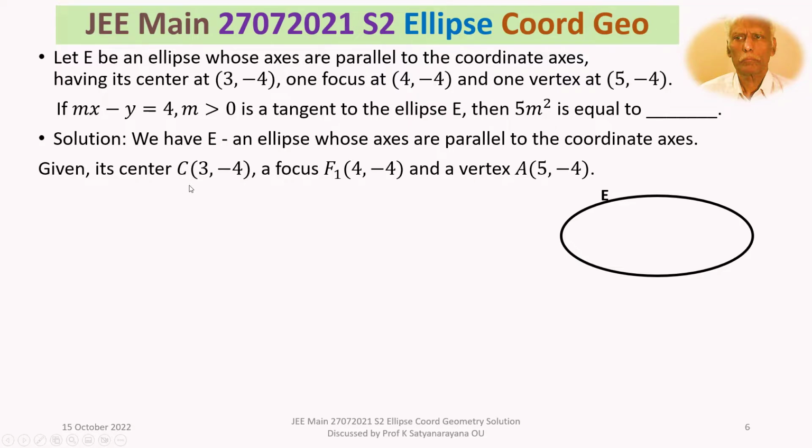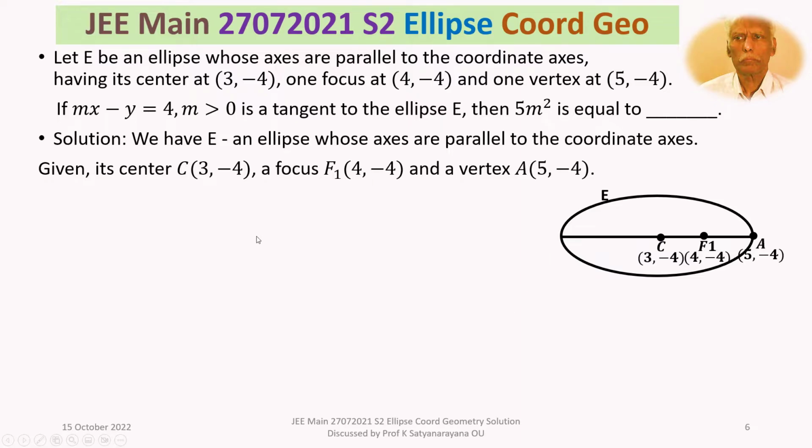So observe that all these points are lying on the straight line y = -4, and so those are the center C, a focus F1, and the vertex A.